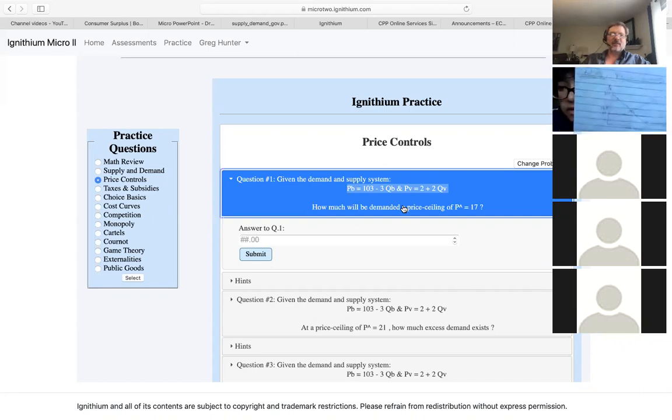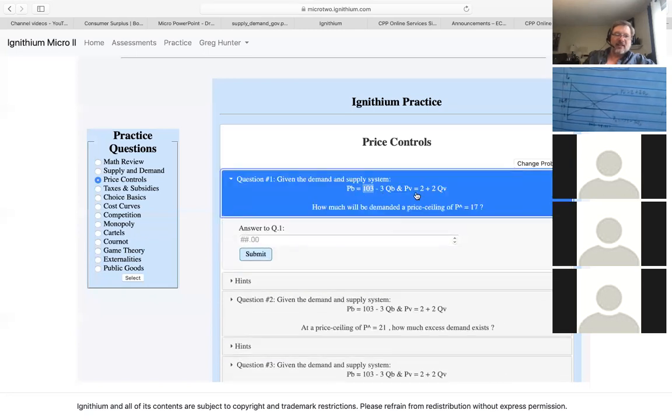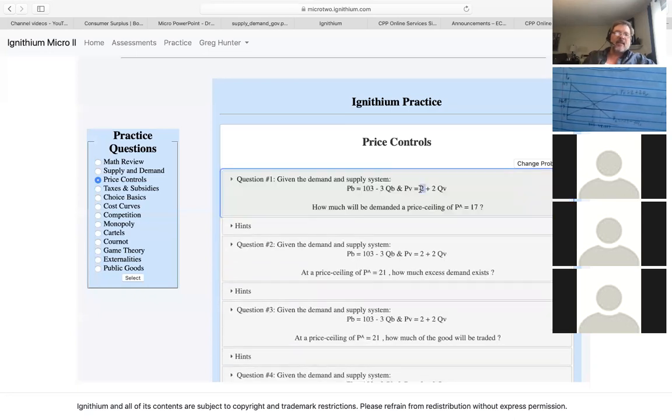Okay, go Marlena. So if everybody can see Marlena's graph, notice she has what we were talking about. You have the vertical intercept of the demand curve at 103, and then she has the vertical intercept of the supply curve at 2. Remember, the important points always to plot, right?